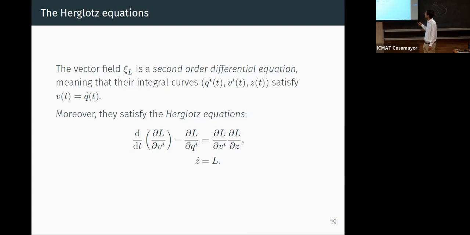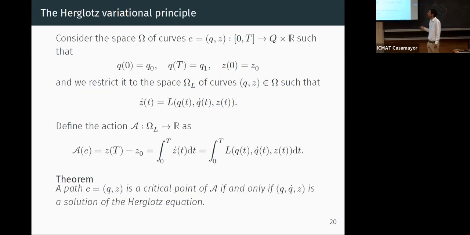We don't assume anything about the part on the action, and these integral curves satisfy the Herglotz equations over here. It's not second order differential equations, but first order instead. Okay, so this is connected to the variational principle we were talking about at the beginning of the talk, which we will now explain in a little more detail.